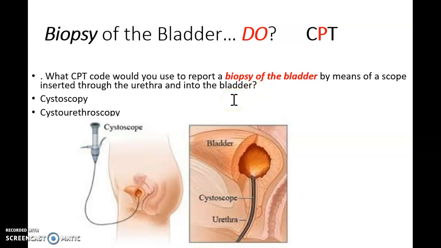So if I ask you, what did the doctor do in this scenario? What is the first word, or one word, that you will give me, which will give me something to look for in the index of your CPT manual? Question, waiting for an answer, biopsy. If that's what you said, you are right.